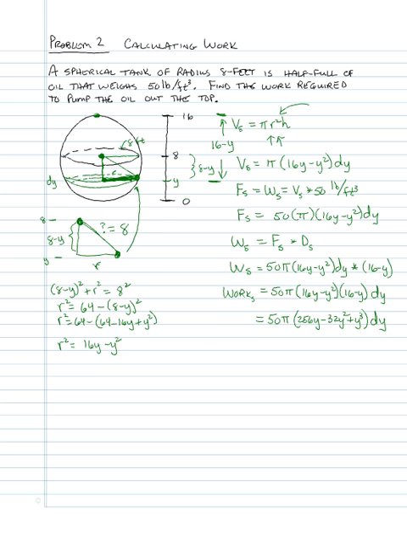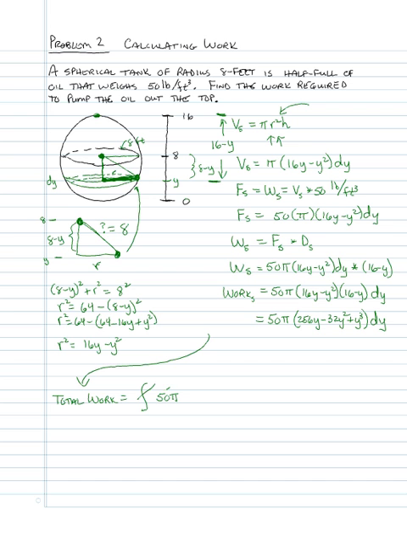So, bottom line now, the total work, see, that was just the work to move one slice. The total work, then, we're going to calculate by adding up the work to move each infinitely small slice of that half-full tank out the top. And an infinitely small slice is this 50 pi, the work for an infinitely small slice.